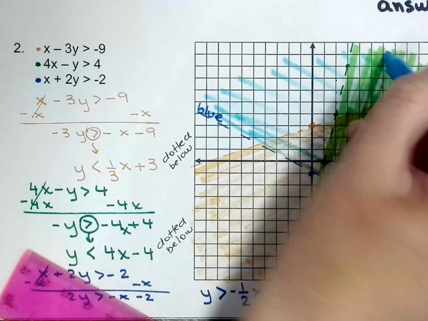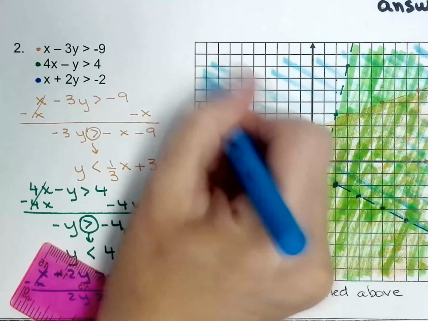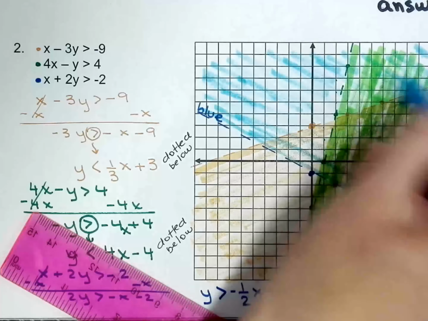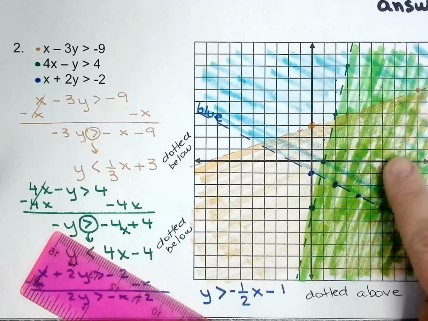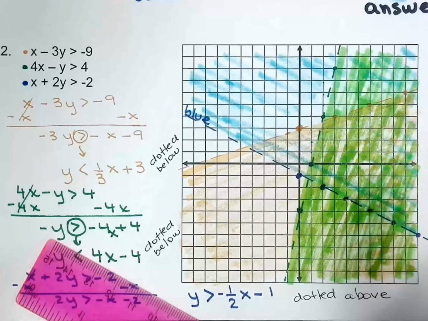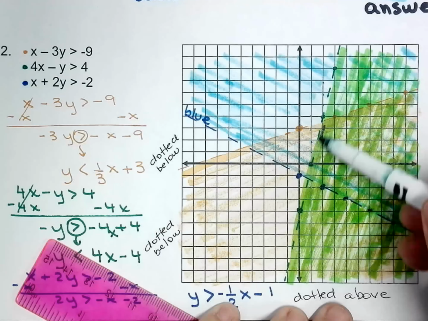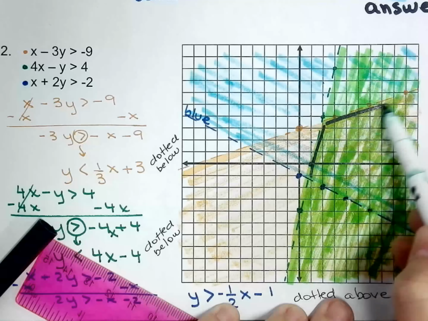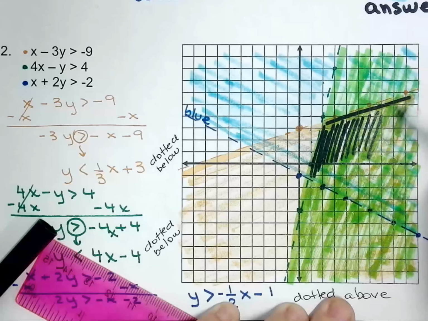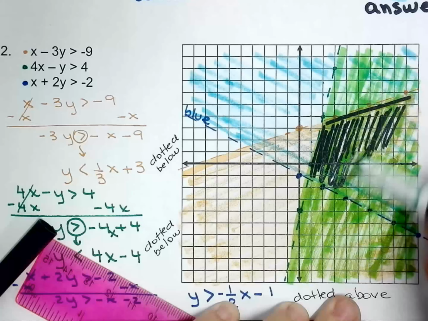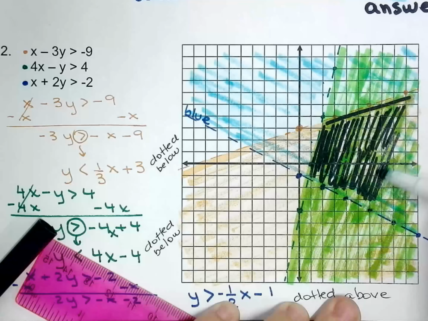at this point, you're looking for the area where all three inequalities overlap. And they all overlap right here in this area. It's not always going to be the triangle in the middle. Okay? So this region right here, that's the area where they overlap. I could just go back and use all my highlighters again.